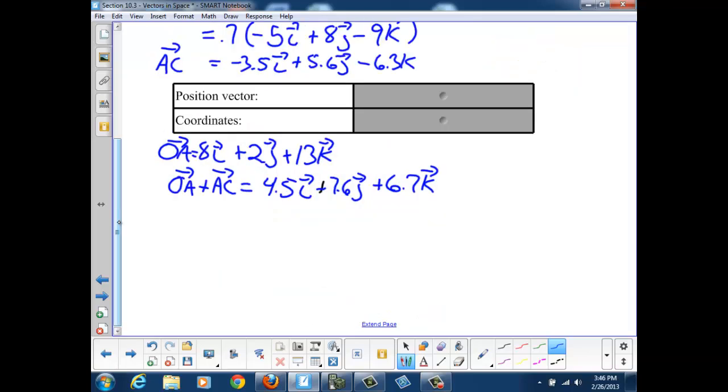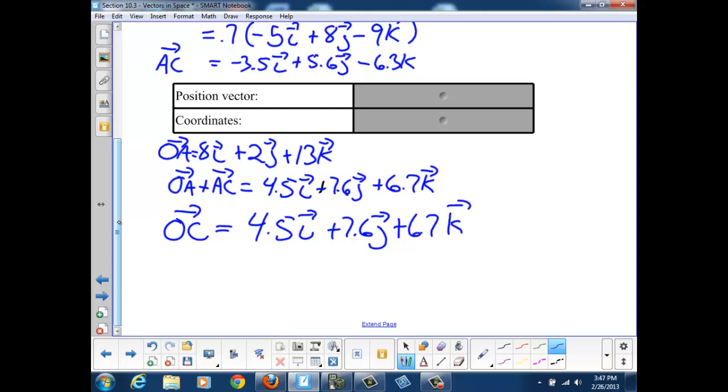And that would be my vector OC, the position vector to that point 70% of the way between point A and point B. So 4.5i plus 7.6j plus 6.7k. And there it is. And the coordinates would just be those three values. So (4.5, 7.6, 6.7).